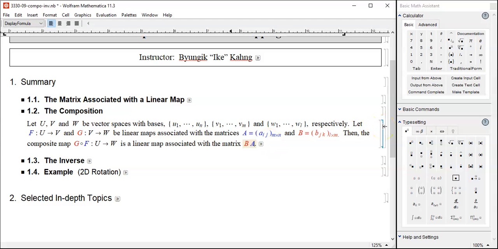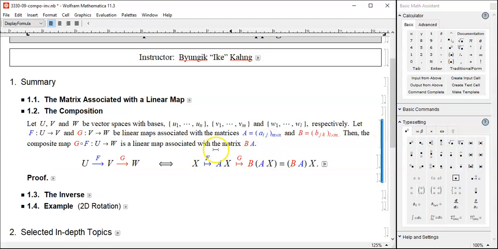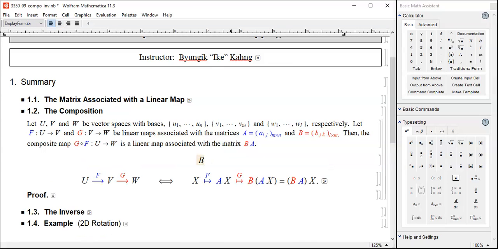It'll turn out yes, because let's see, B times A: B is l times m, times A, which is m times n matrix.